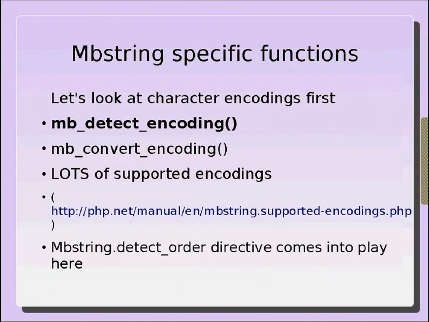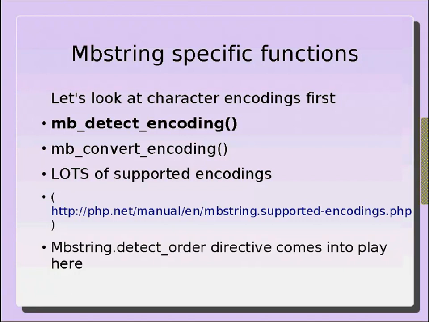Okay, so that was a couple of MB safe versions of pre-existing functions that we already know about. Let's have a look at some more specific things to the MB string extension. Let's look at character encoding. We have a lot of supported encodings. I think I mentioned this earlier. There are an awful lot of supported encodings.